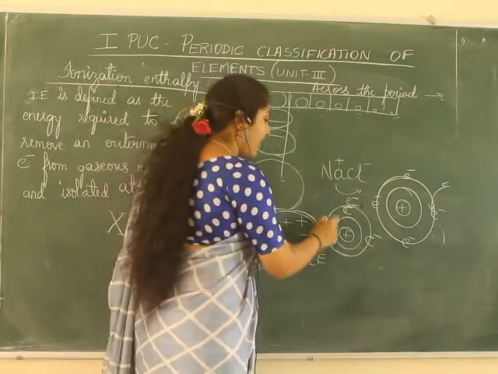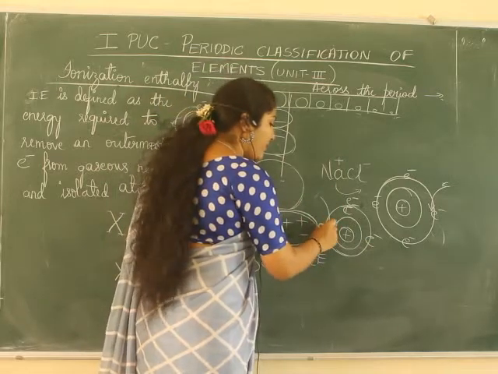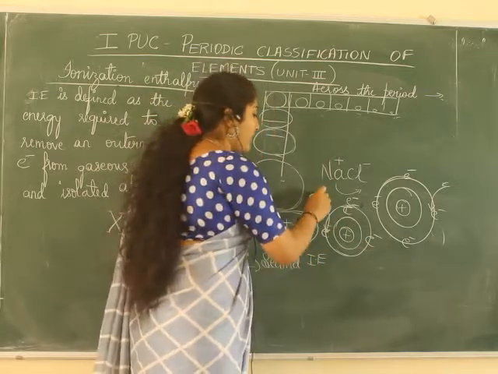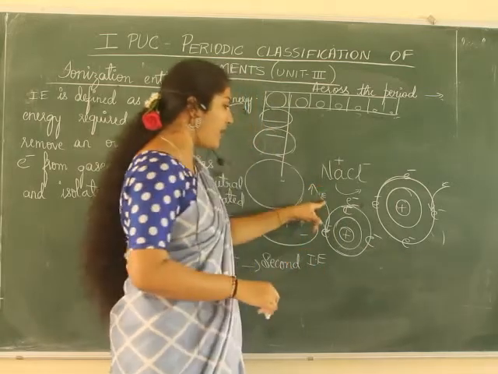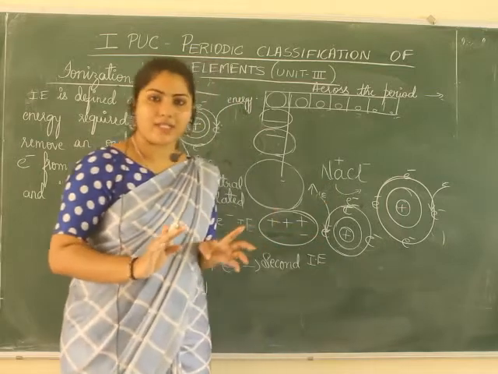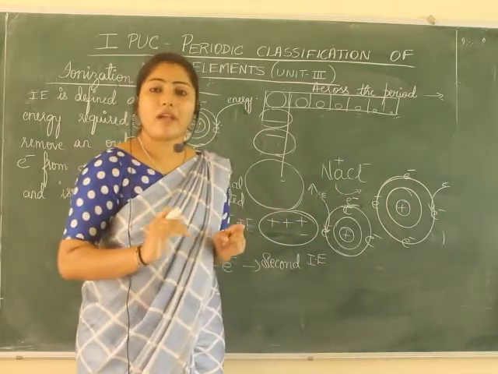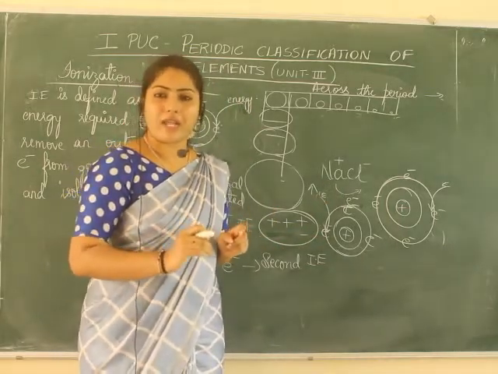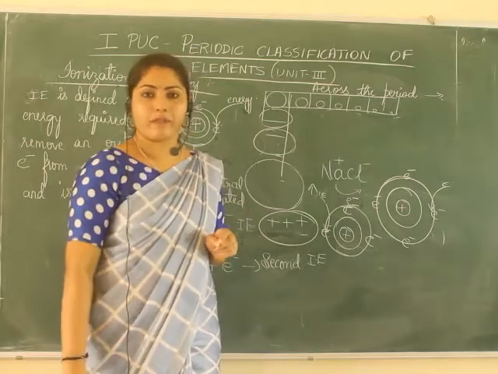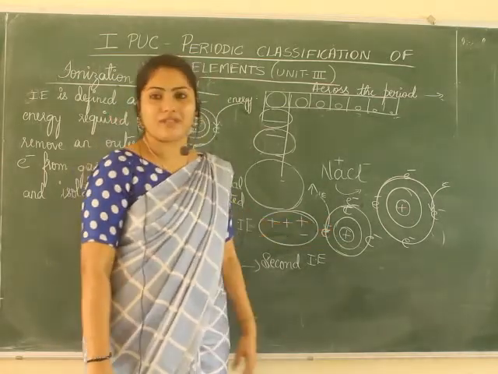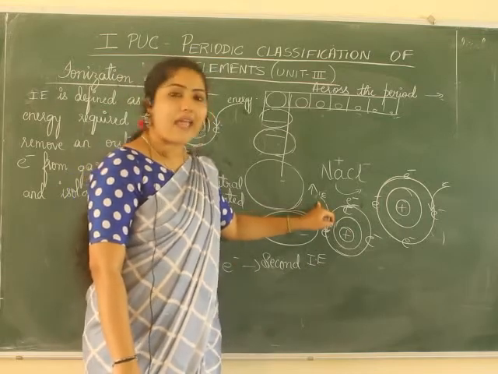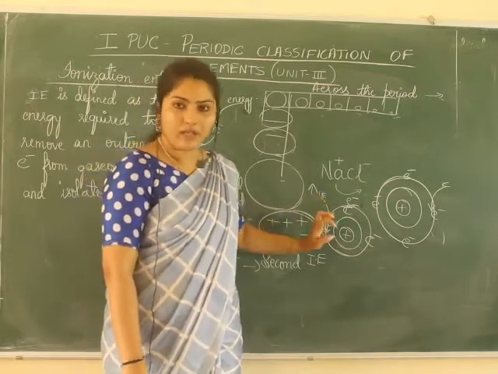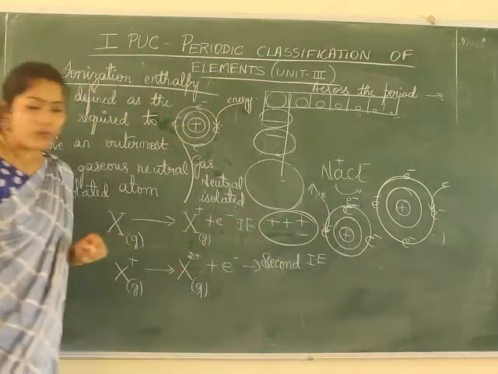Now if you say, I'll supply energy and remove one more electron, you need very high energy. High ionization energy is required. You understand why? Because the nuclear pull on the outermost electron will be very high. Hence, more energy is required to remove the electron. So how do you write?